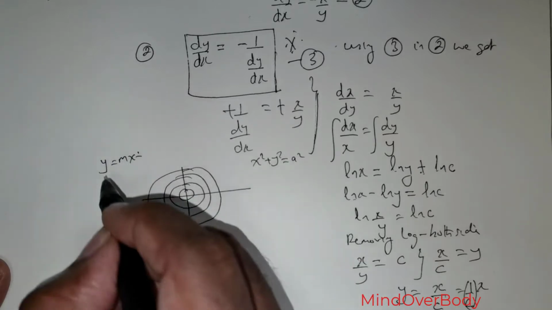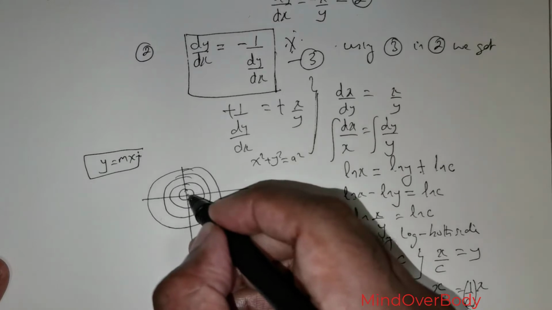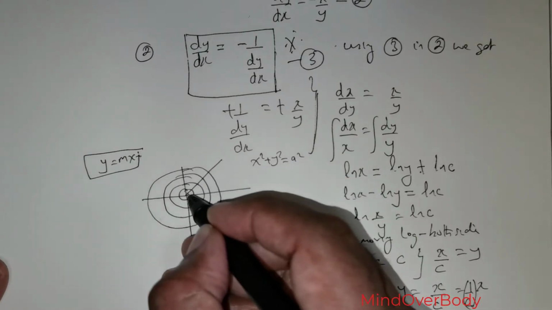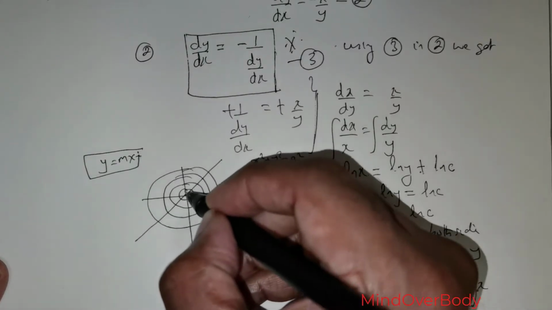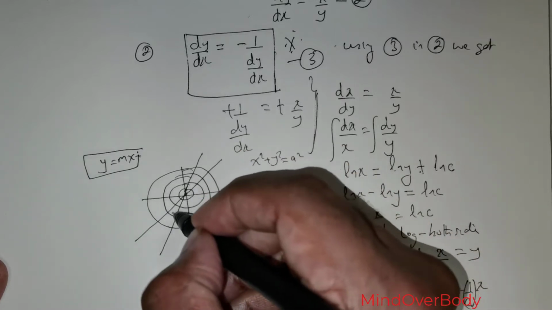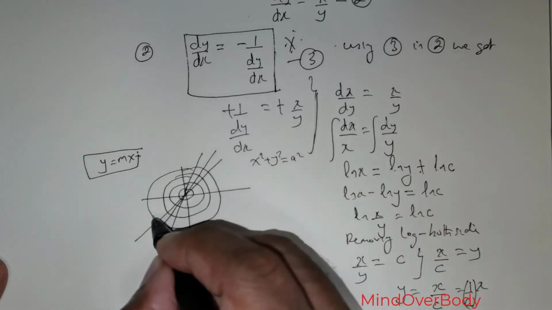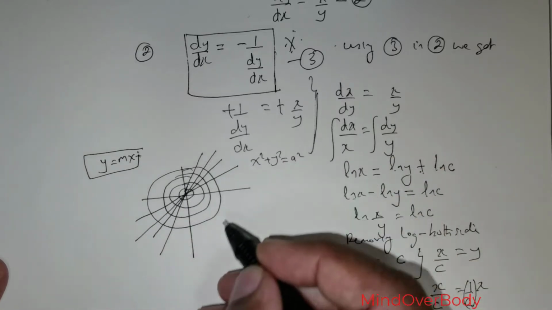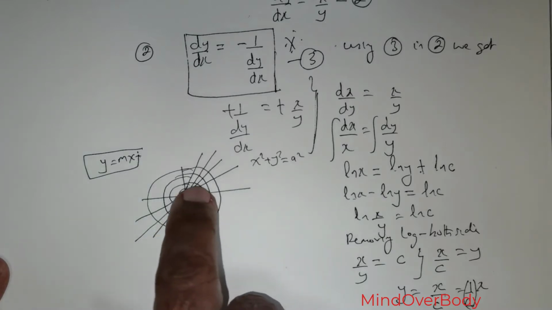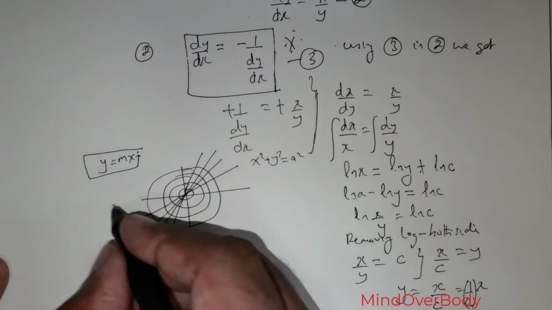Now for different values of m, you get a straight line like this. You can get a straight line like this, like this, moving on like this. So you can find that there are many straight lines that are being obtained for various values of m.